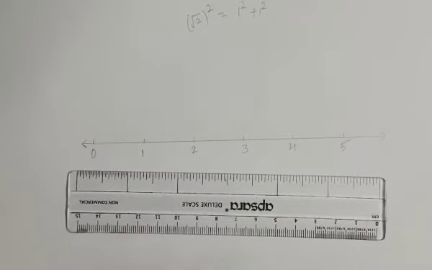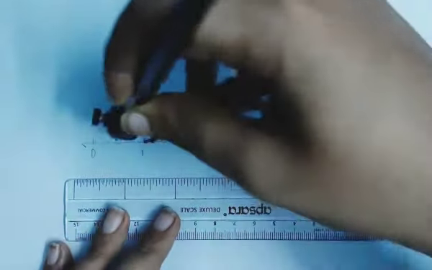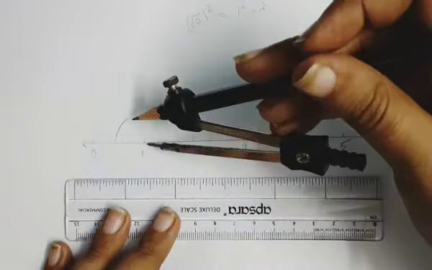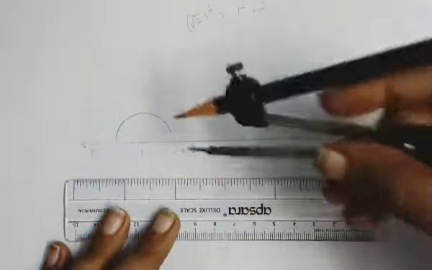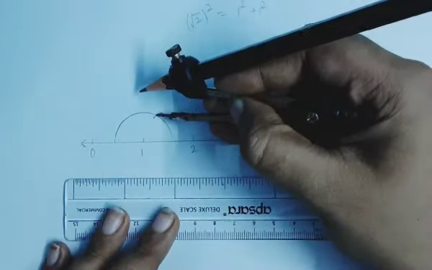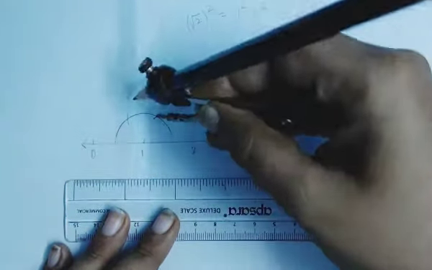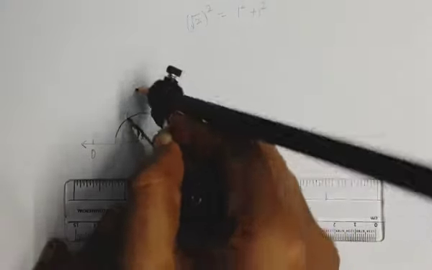We are going to open a compass of any radius and draw a 90-degree angle at point 1. How are we going to do it? We are going to make an arc of any radius from point 1, then we are going to mark 60 degrees on the arc and then 120 degrees. As you know, 90 degree is formed by 60 degree and 120 degree arc.